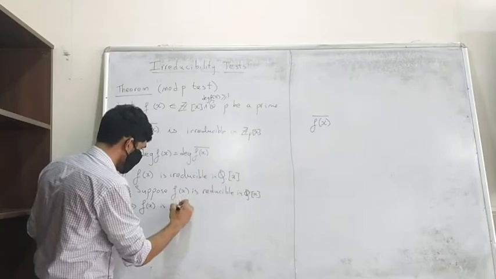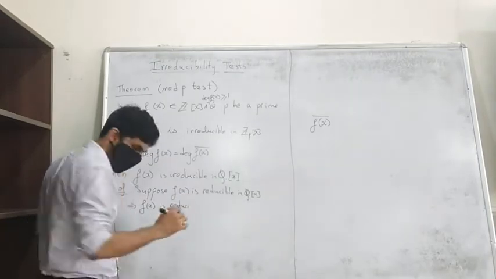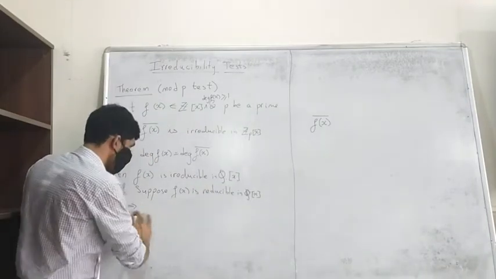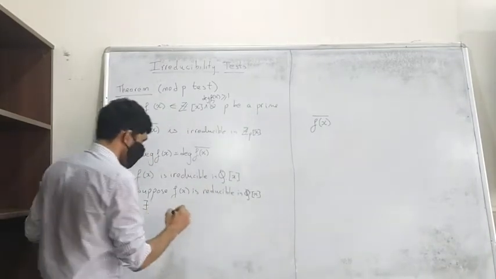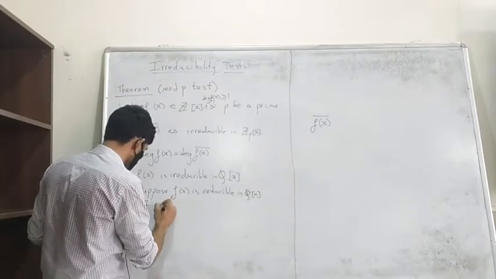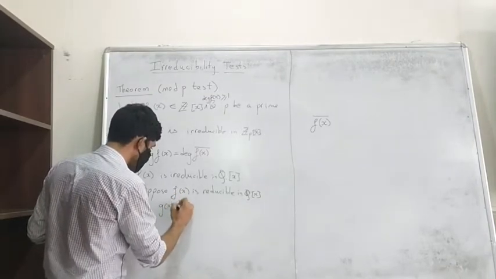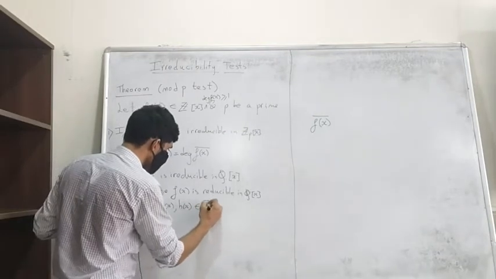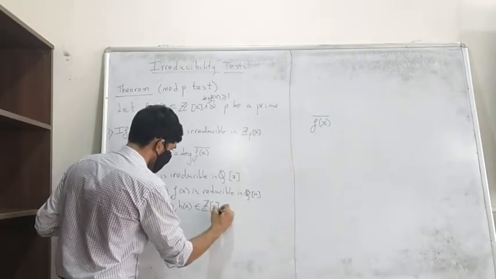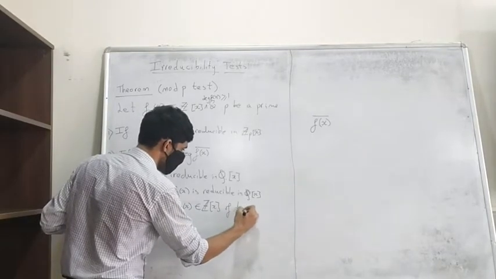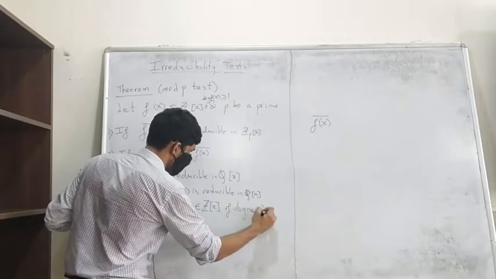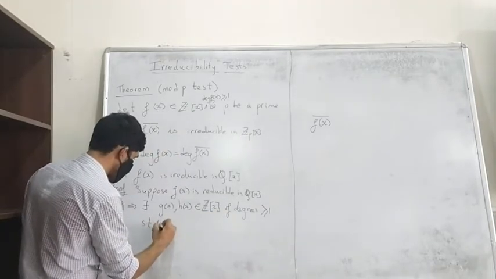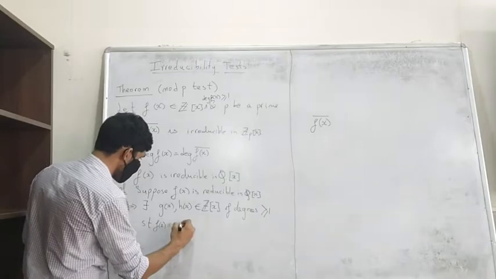So there exist g(x) and h(x) in Z[x] of degrees greater than or equal to 1, such that f(x) can be written as g(x) times h(x).